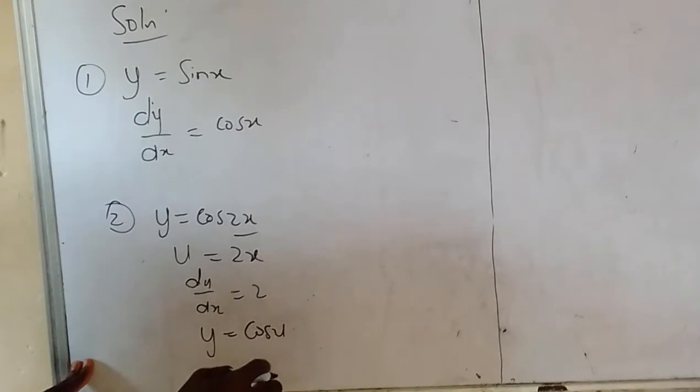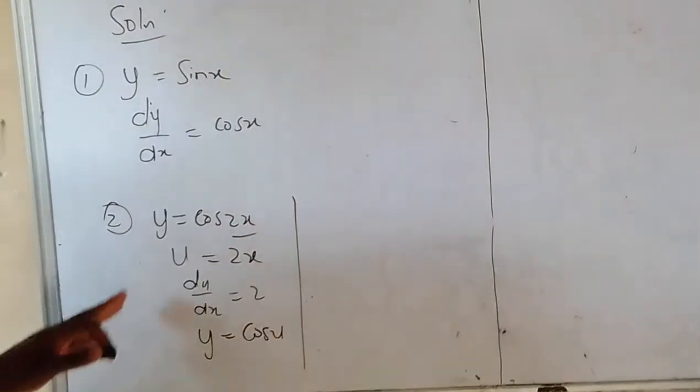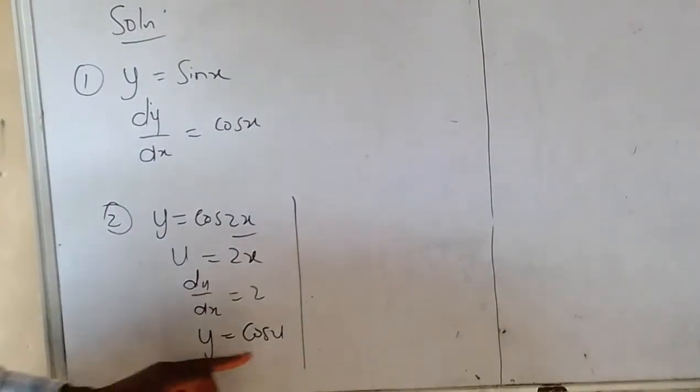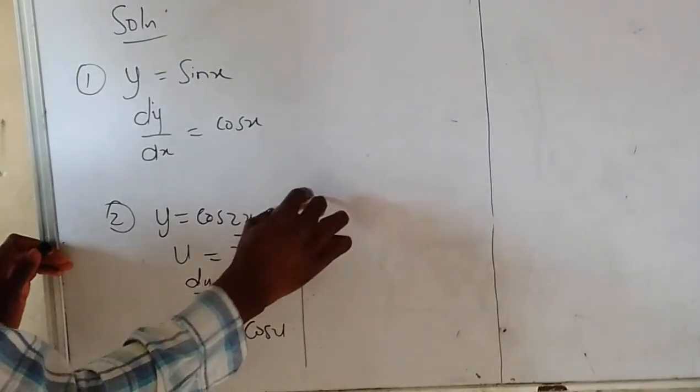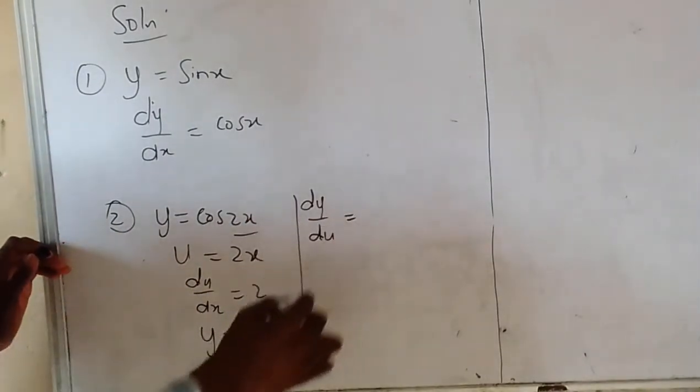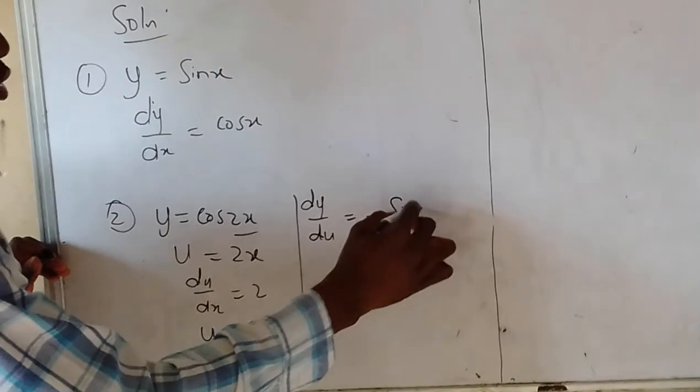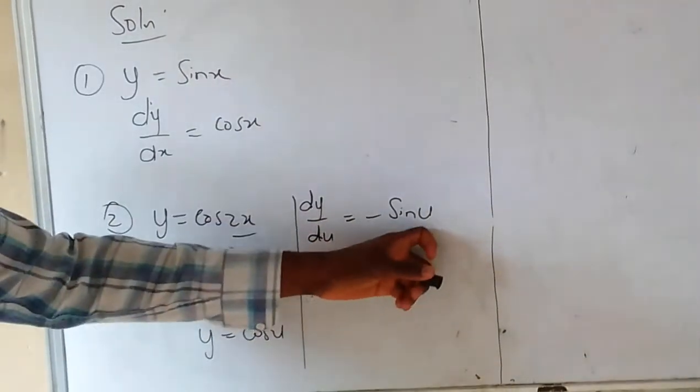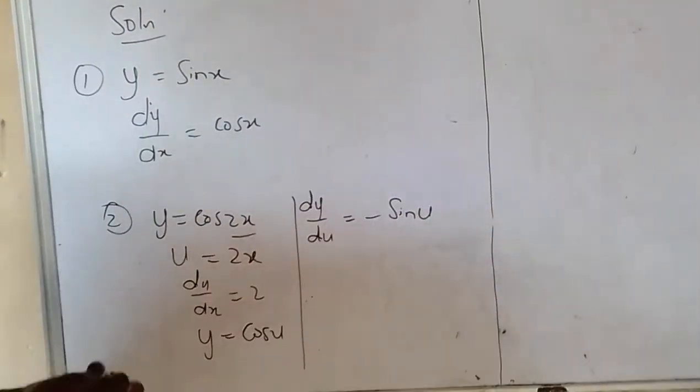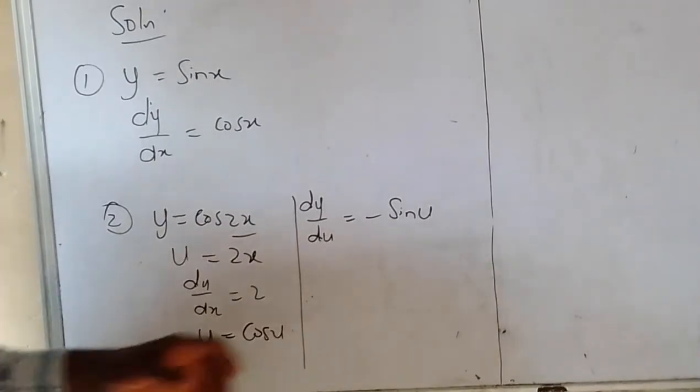Applying that trigonometric function rule, differentiating y with respect to u, dy/du, is going to be minus sine u. This is just to substitute what we use as x in our table.